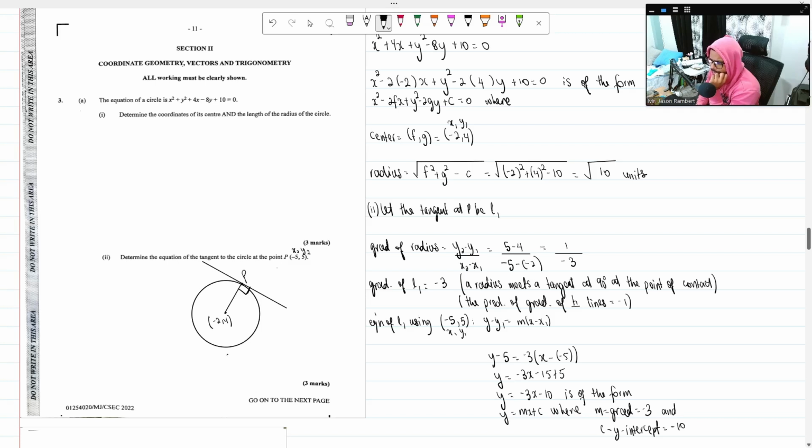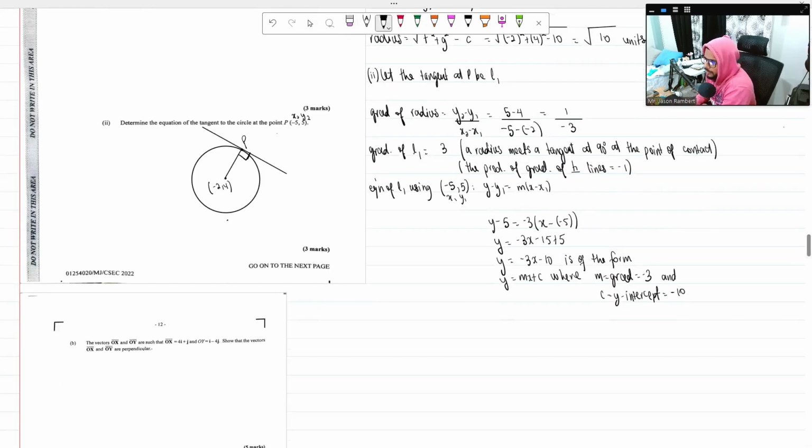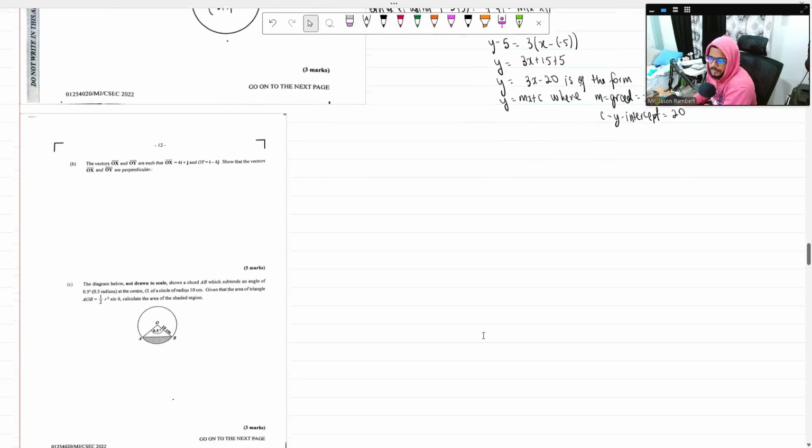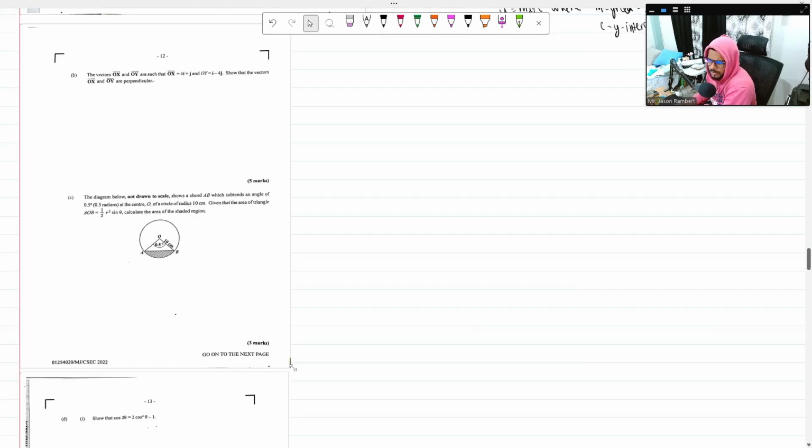So the gradient of L1 will be positive 3. And that's just changing the equation by 1. I'll get 3 into that, which will be 3x, and I will end up having plus 15 and plus 20. All right, cool. Sorry about that little mistake there, guys.